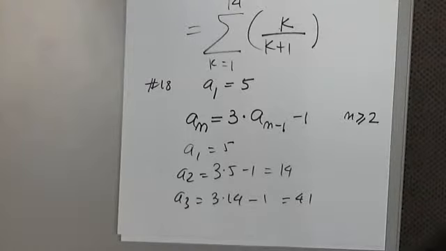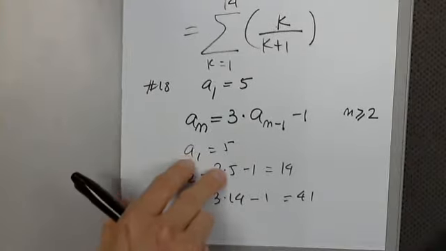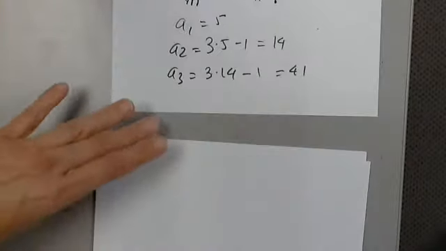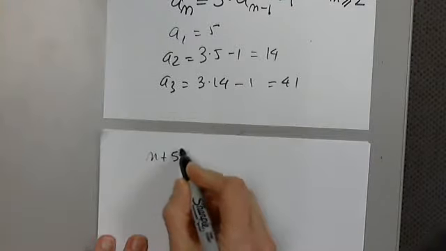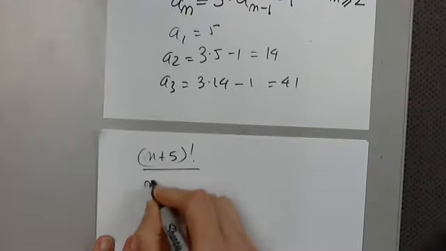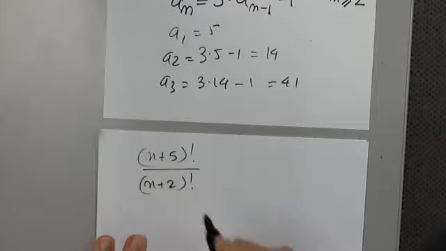Very good. What else would we like to review for this test or otherwise? What about simplifying some factorials? Sure. Let's say n plus 5 factorial divided by n plus 2 factorial.